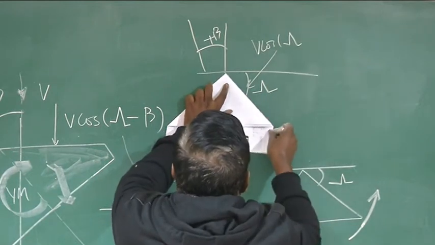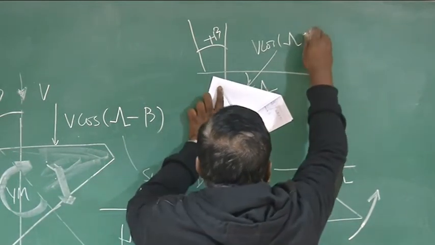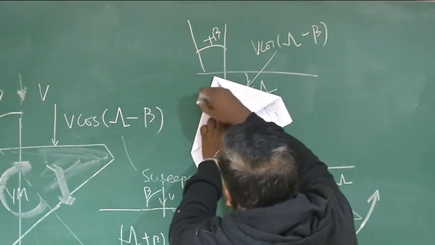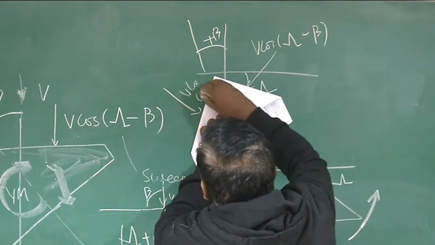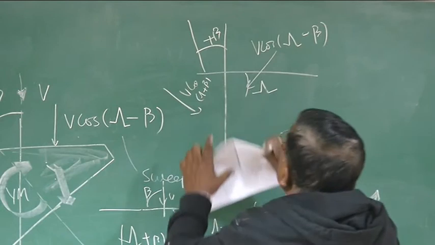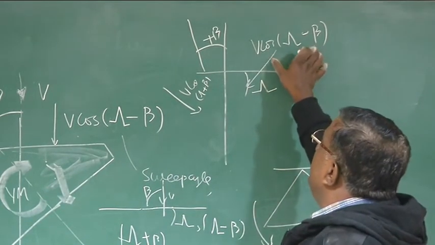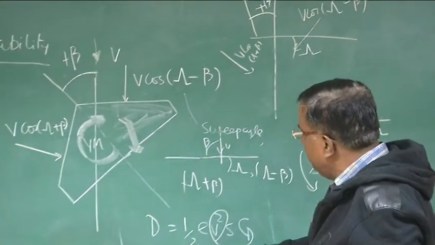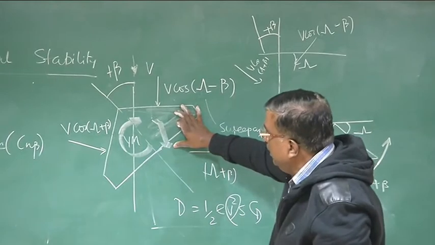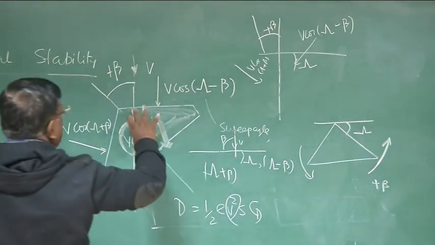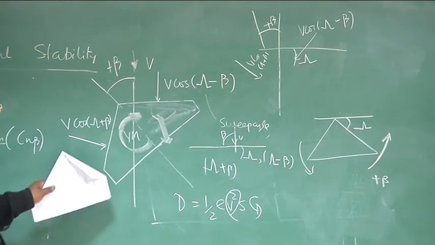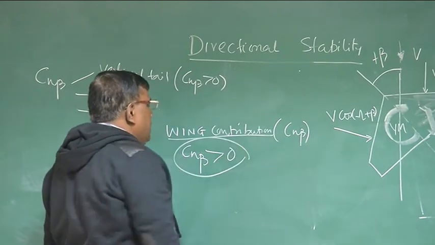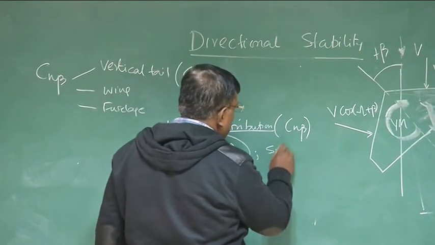Now as it turned by beta, this angle has reduced by beta, so the normal component became V cos(lambda minus beta), and here it has increased, so this became V cos(lambda plus beta). Because of the property of the cos function, this speed will be more. This speed being more means the drag on this wing will be more, and that drag will give a positive yawing moment for a positive beta. So for the wing, Cn beta is greater than 0, which is typical for a swept wing.